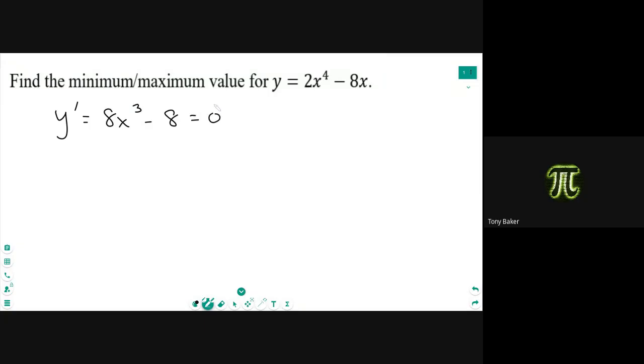Set that equal to 0. So 8x to the third equals 8. x to the third equals 1. Third root. x equals 1.